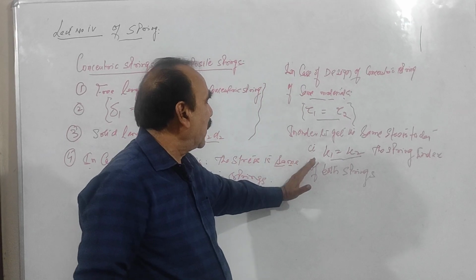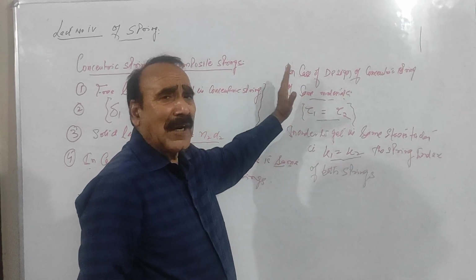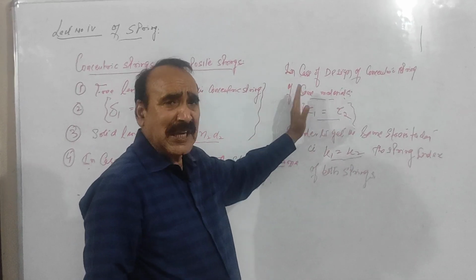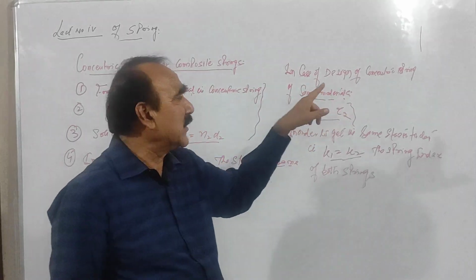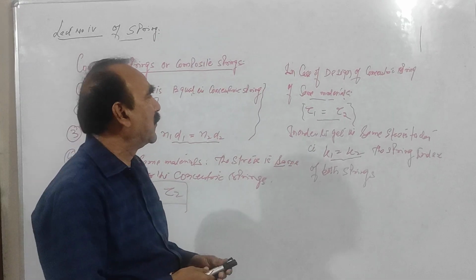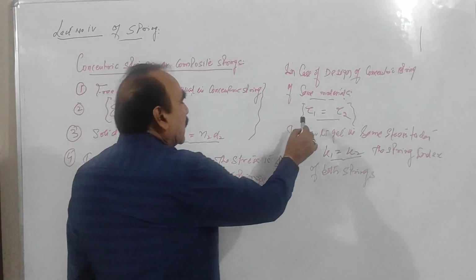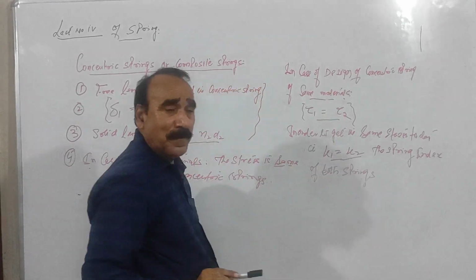First, I will simply explain that if you want to design the spring with the same material, that is, if you want to design the concentric spring, then tau 1 is equal to tau 2.